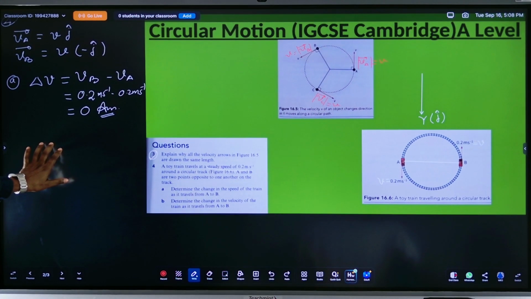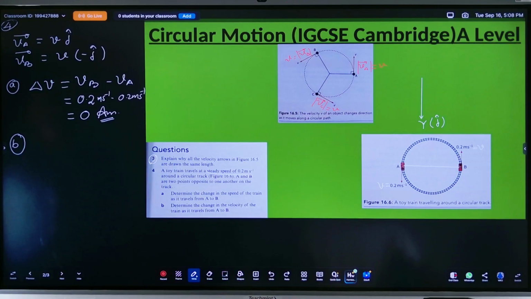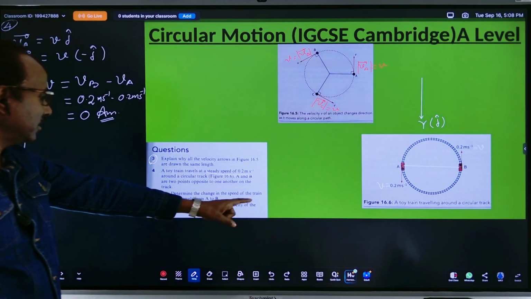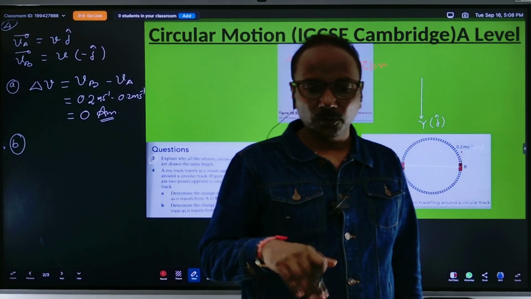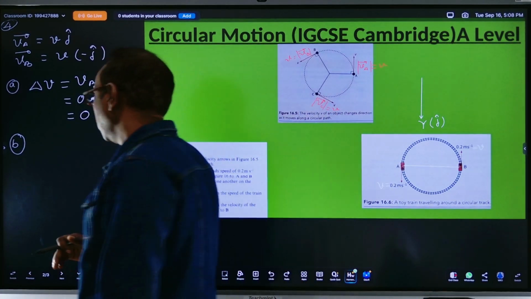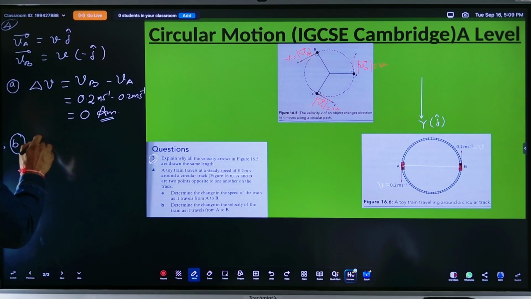Now let us attack part B. It is asking the change in the velocity of the train as it moves from A to B. So change in velocity, how will you write it mathematically?